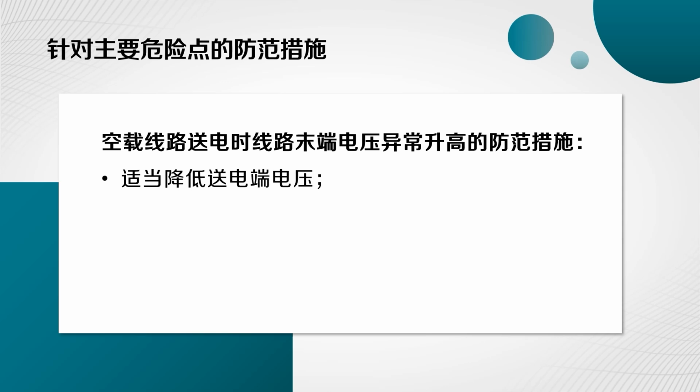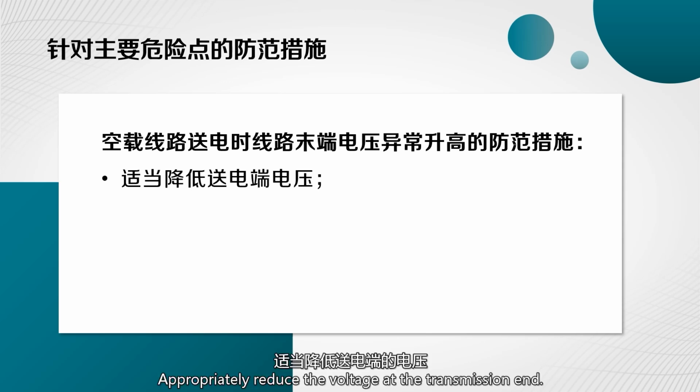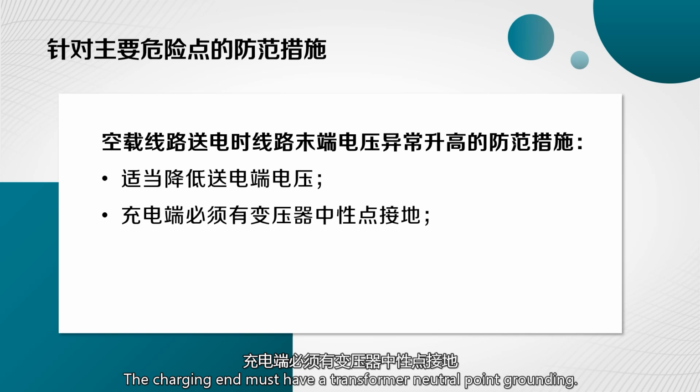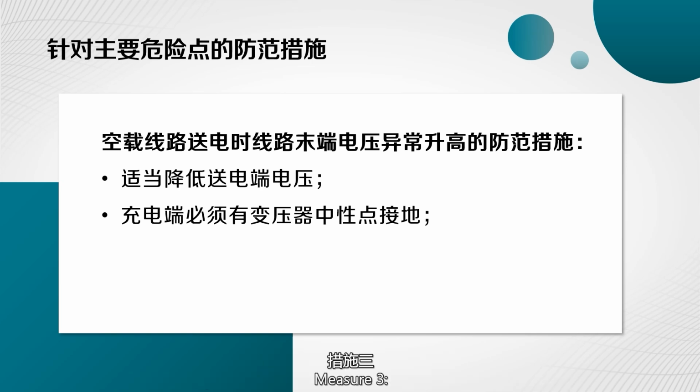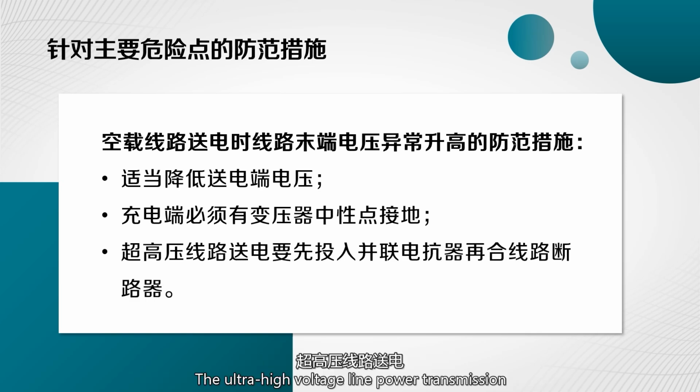Measure 1. Appropriately reduce the voltage at the transmission end. Measure 2. The charging end must have a transformer neutral point grounding.